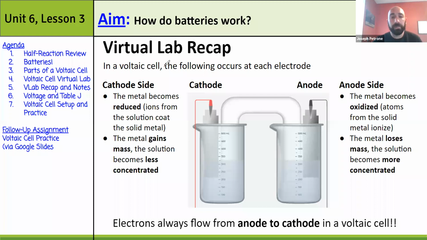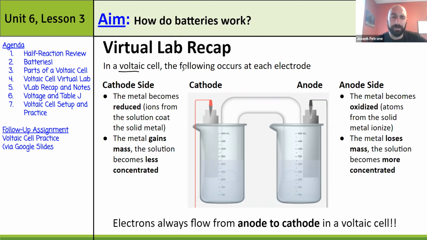This is the first one. A voltaic or galvanic cell consists of both a cathode and an anode. These are two electrodes you saw in the notes prior. Cathode and anode are essentially metal bars, and they're dipped into their metal ion solutions.